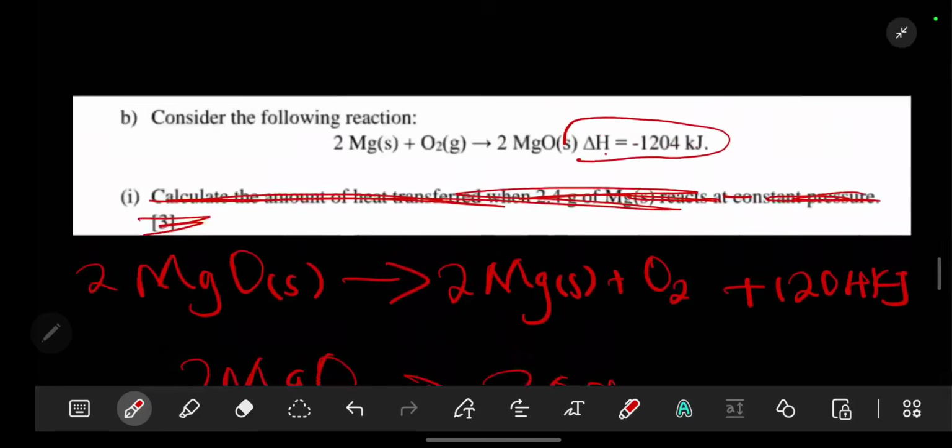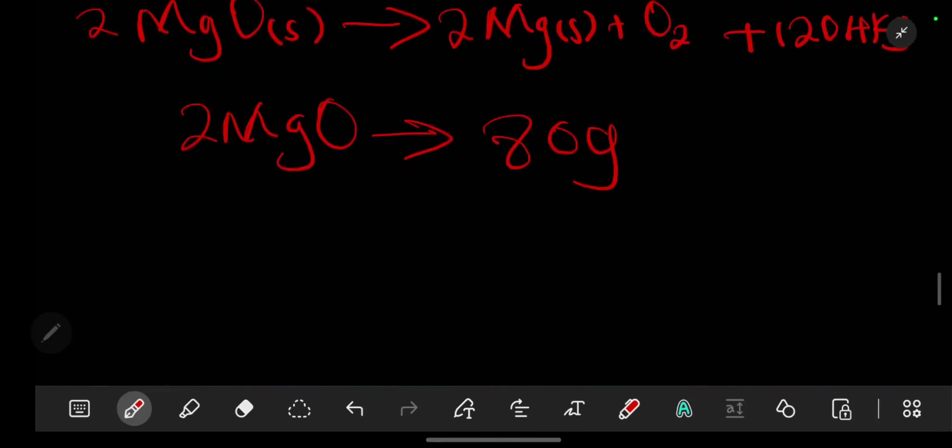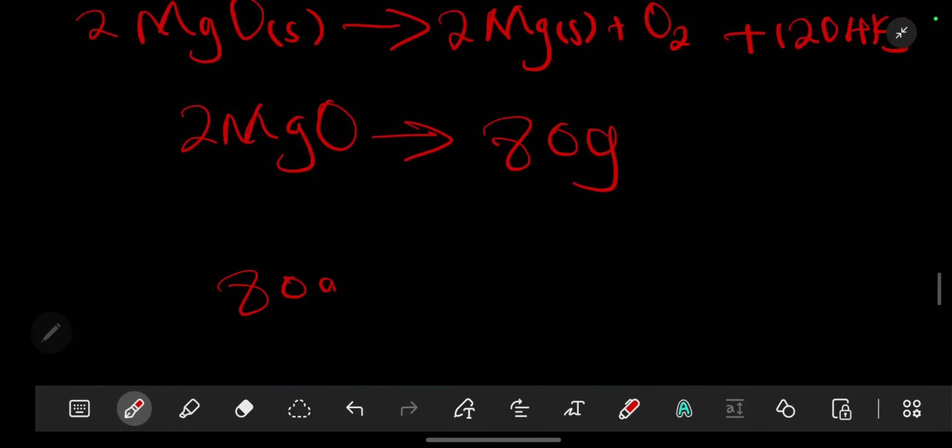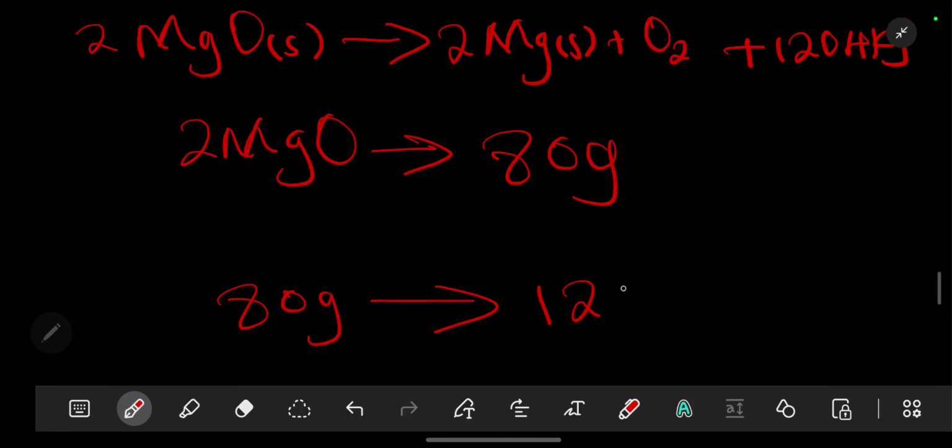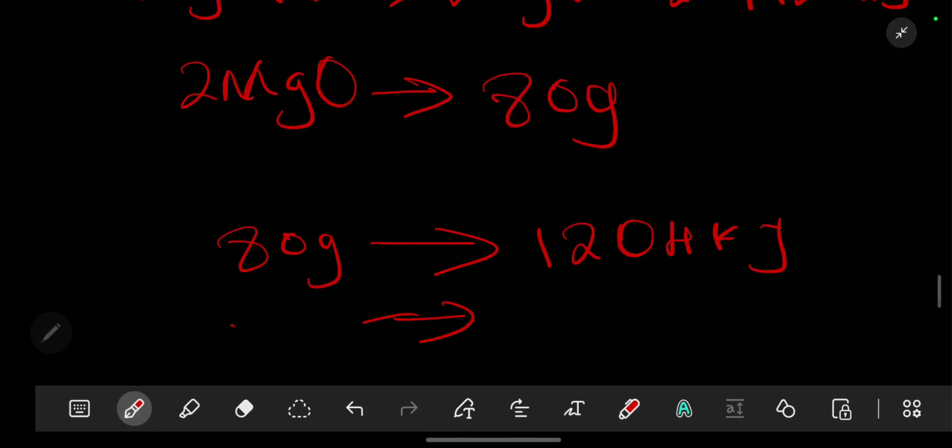You use the one that they have told you, 7.5 grams of magnesium oxide decomposed into this. So your 80 grams will be able to produce a positive 1,004 kilojoules.